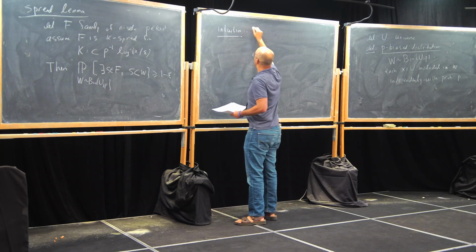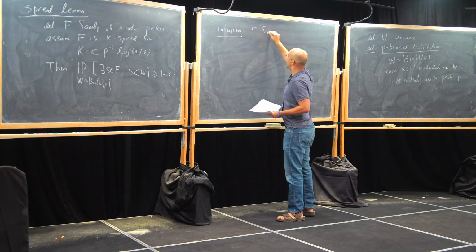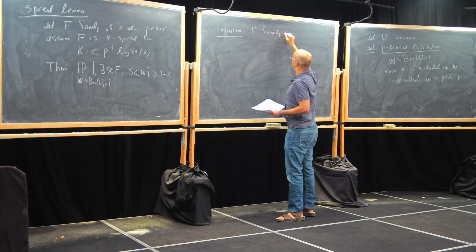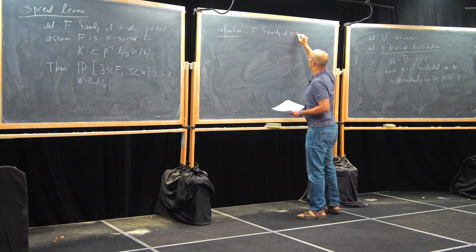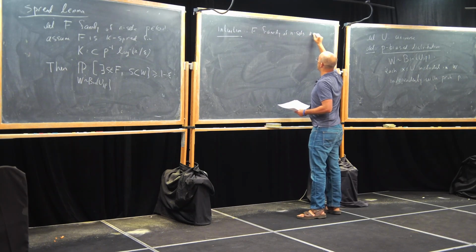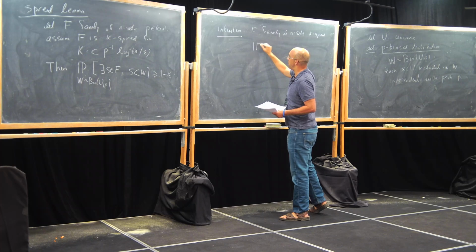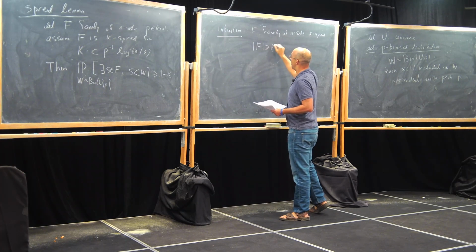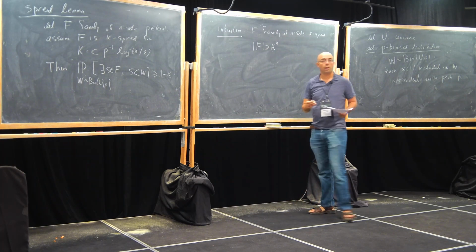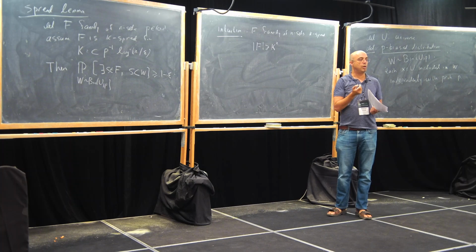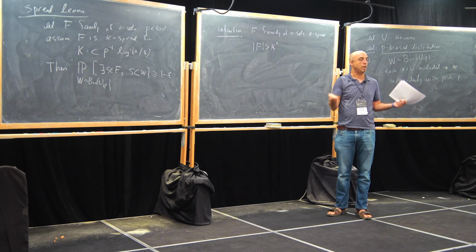So if F is a family of n-sets which is K-spread, first I'm claiming that such a family must be somewhat large, of size at least K to the n. Why? Because just look at the link of a set of size n, and use the definition of spread. So this shows the family is somewhat large.